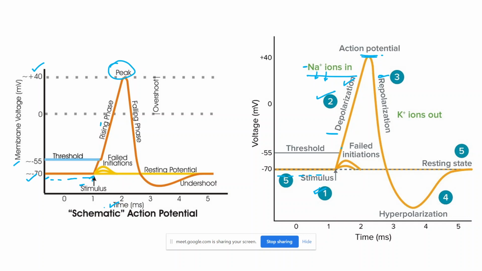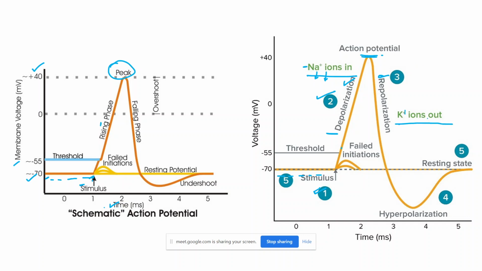And that falling is going to take place because of the closing of sodium channels. So if the sodium channels are going to close, then what will happen? Your potassium channels are going to open.